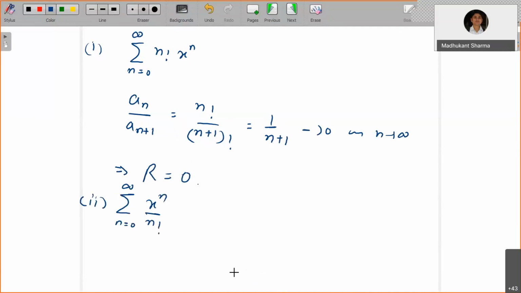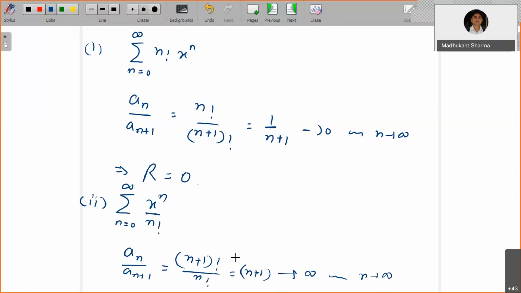So what can you tell about this? This is a_n by a_(n+1), which is going to be (n plus 1) factorial by n factorial, that is equal to n plus 1, which tends to infinity as n tends to infinity. So R is infinity, which means it converges for all values of x.